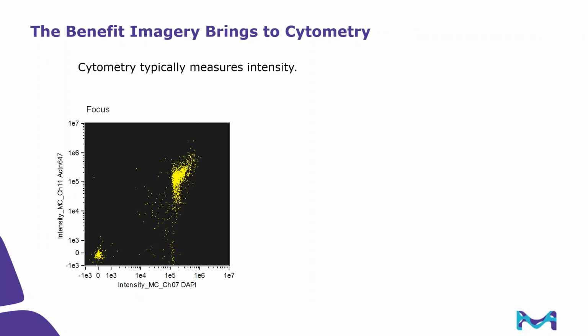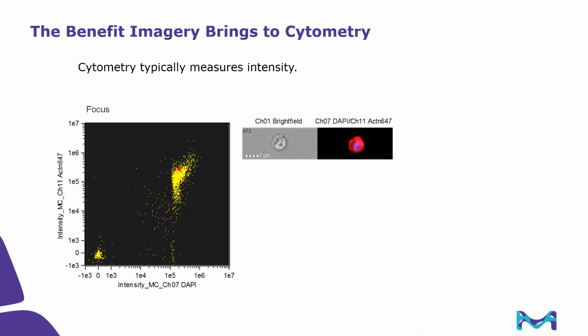Now, the big question we get asked is, why is imagery important in my flow cytometry experiments? And what is the real benefit that imagery brings to flow cytometry? And I like to use this example where by flow cytometry you essentially have something like this, which is a dot plot. And in this case, we're looking at DAPI fluorescence versus Alexa Fluor 647 fluorescence. Now, in IDEAS, when you click on a dot, it allows you to see the image of the cell located at that location.